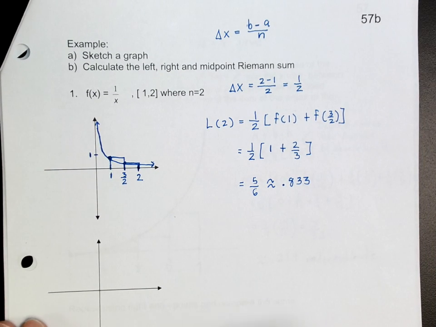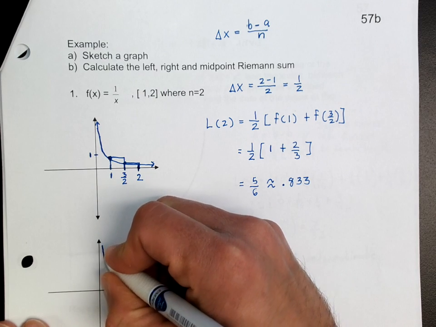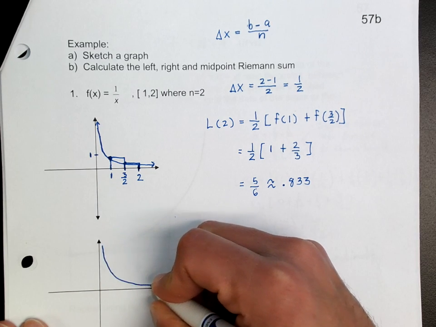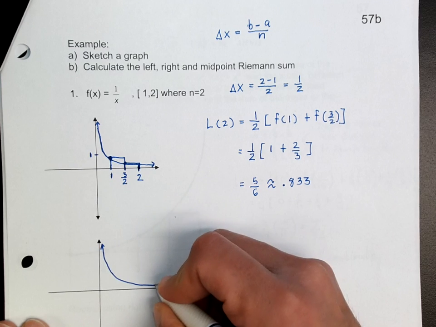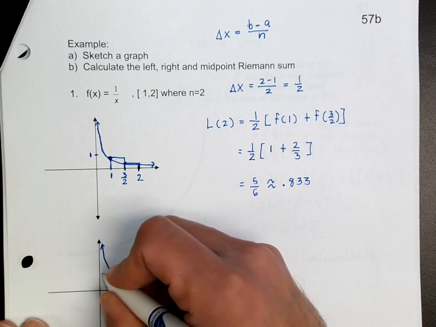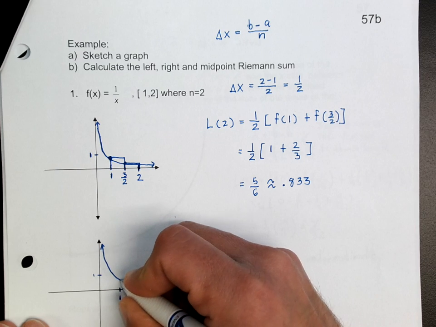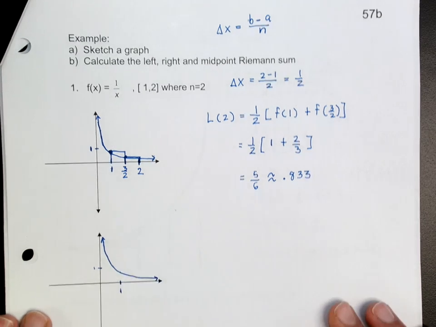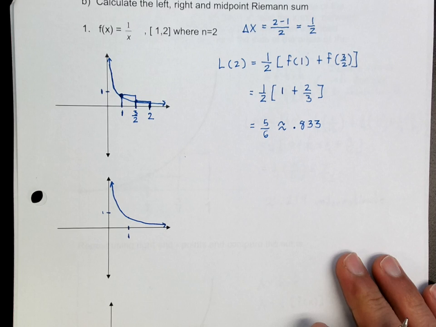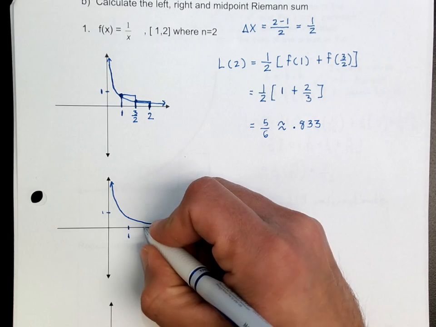So on the right one, we're going to do the same thing. Same graph, with 1 here. This one is a little bit different.